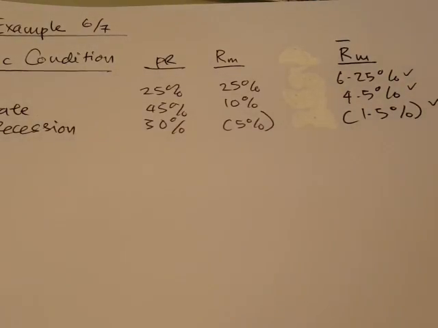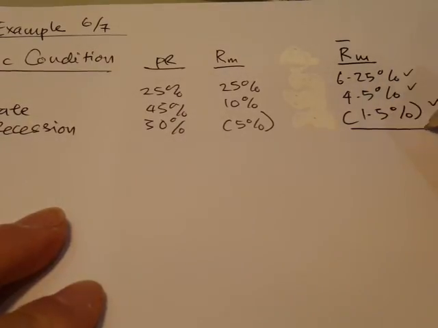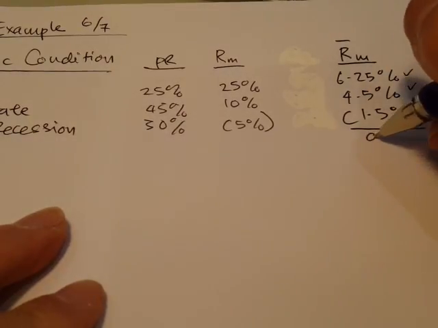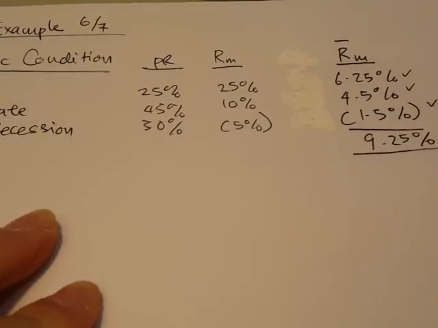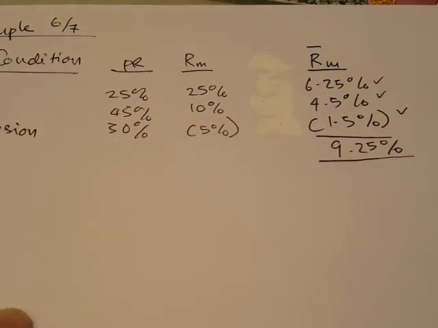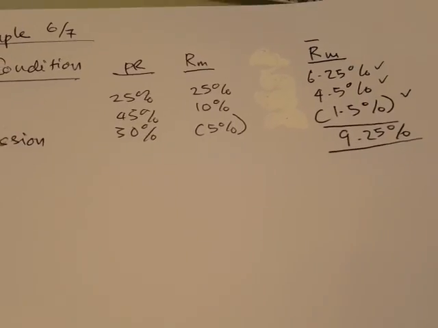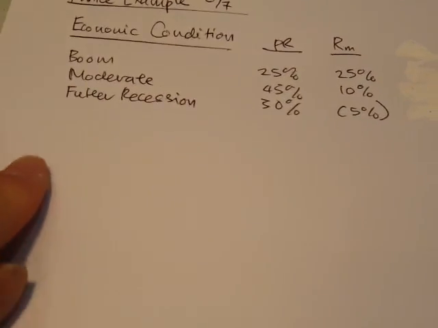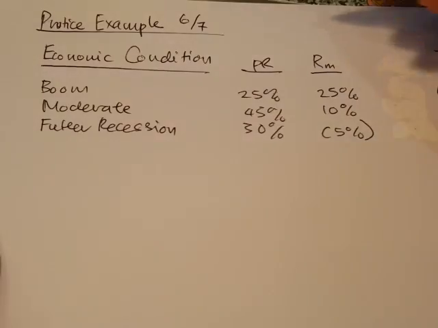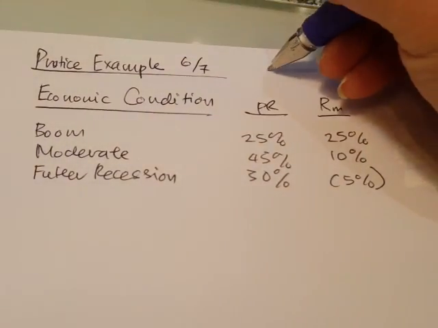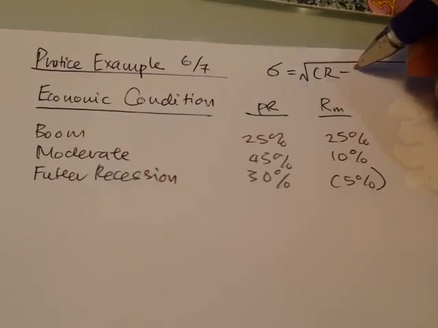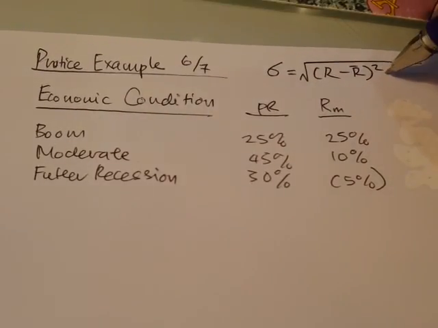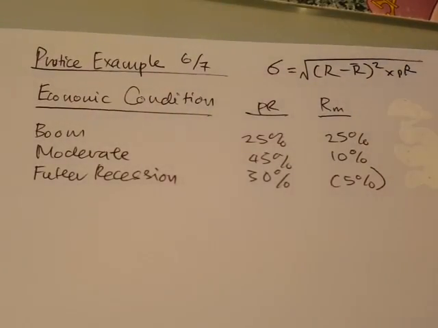So what you can do now is you add them together. The average return is 9.25%. Now your formula for standard deviation is the square root of r minus r bar to the power 2 times probability.